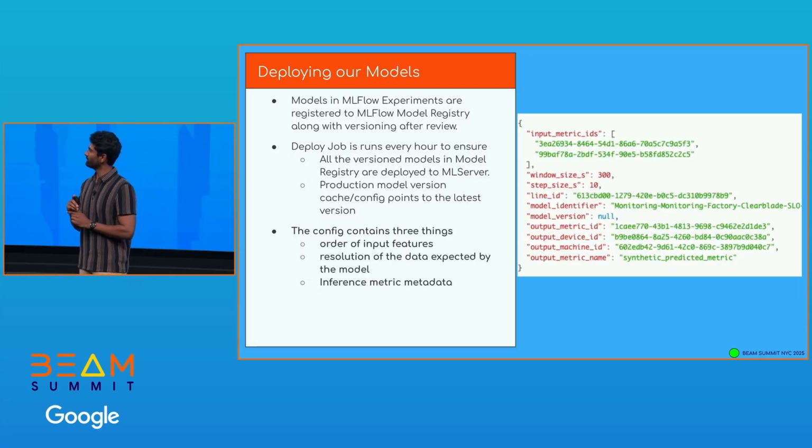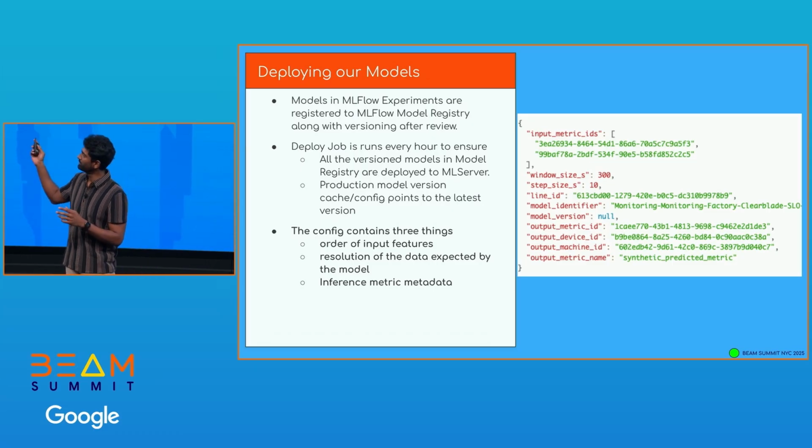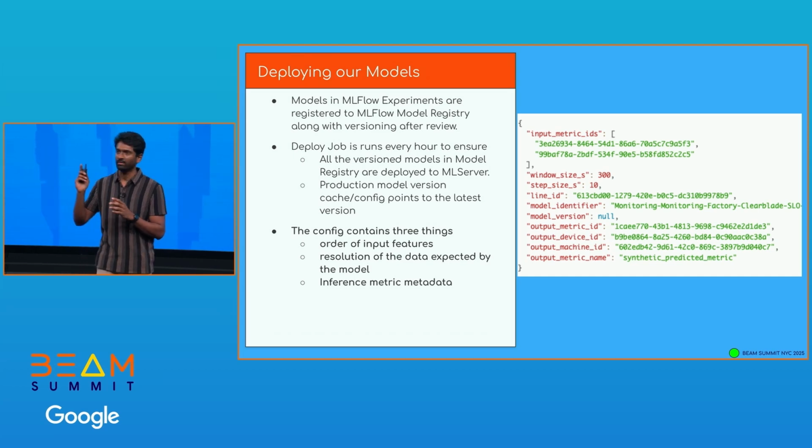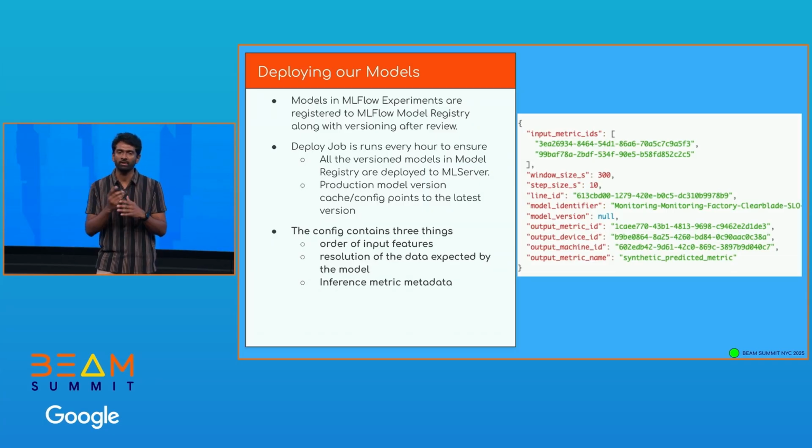And this is an example of config. It's very critical to maintain the order of the metrics for inference. So if a model is trained on, say, the input metric one as feature 1 and the next one as feature 2, it's essential that during the streaming pipeline, we package the information in the same exact order for inference to be valid.